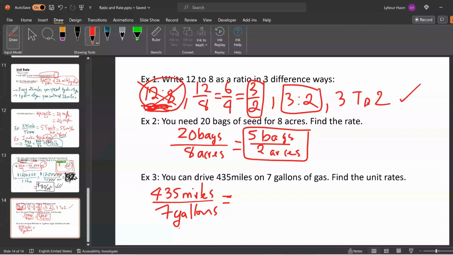There's a remainder though. When it comes to a remainder, we keep 2 digits after the decimal.